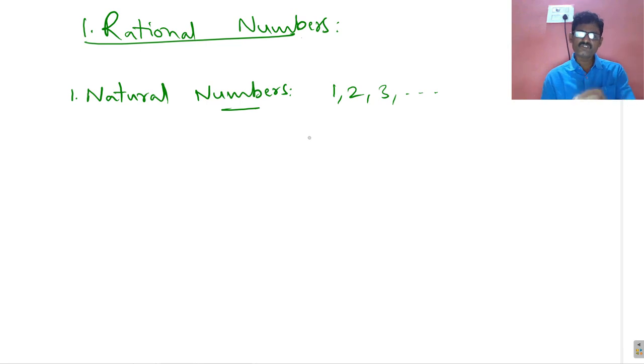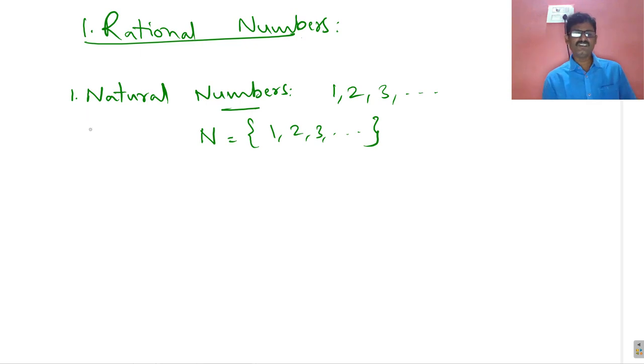The collection of natural numbers is denoted by the letter N. N equal to, we can put all these numbers in brackets. Actually this is called set. This notation is called set notation. So we can say this one as set of natural numbers.